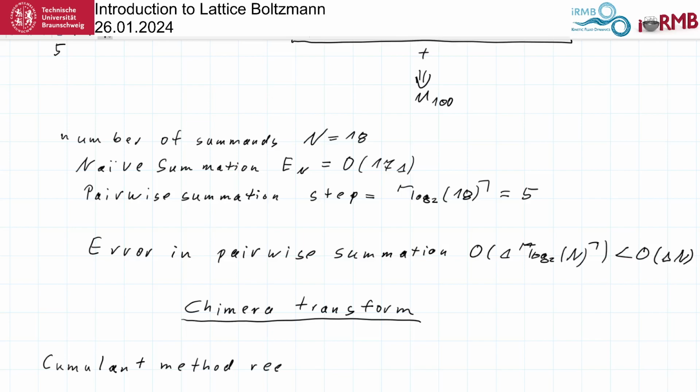The thing is that the Chimera transform is the thing that makes a cumulant Lattice Boltzmann method feasible. Without this, it actually doesn't work. So we'll see what this is about.